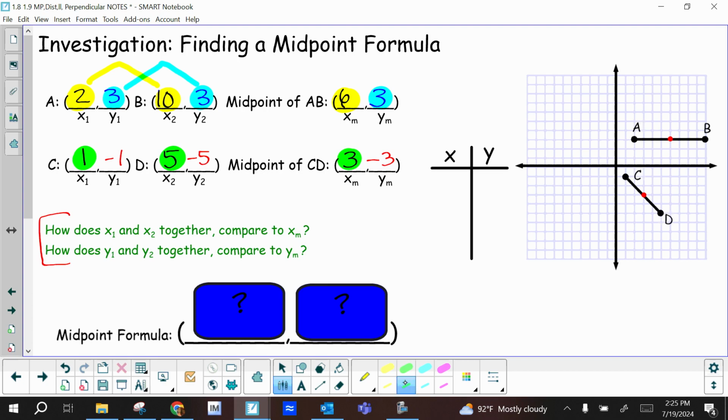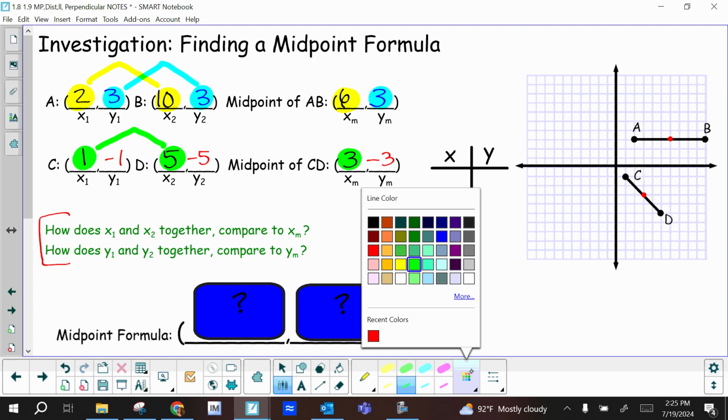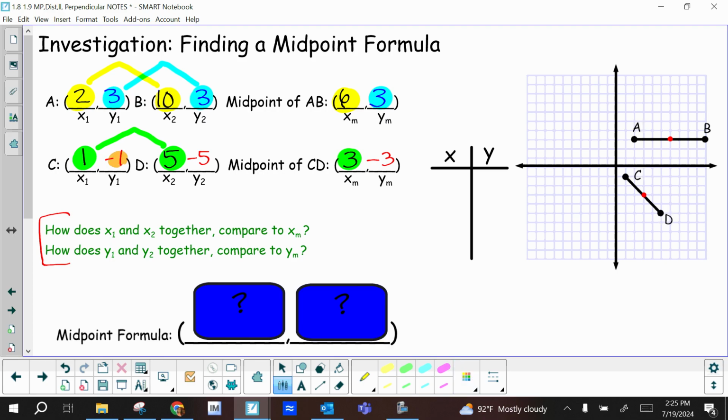Same thing: these two together make 6, and 3 is half of 6. Let's check that last one: -1 and -5, and then -3. Those two together, -1 and -5, make -6, and half of -6 is -3.